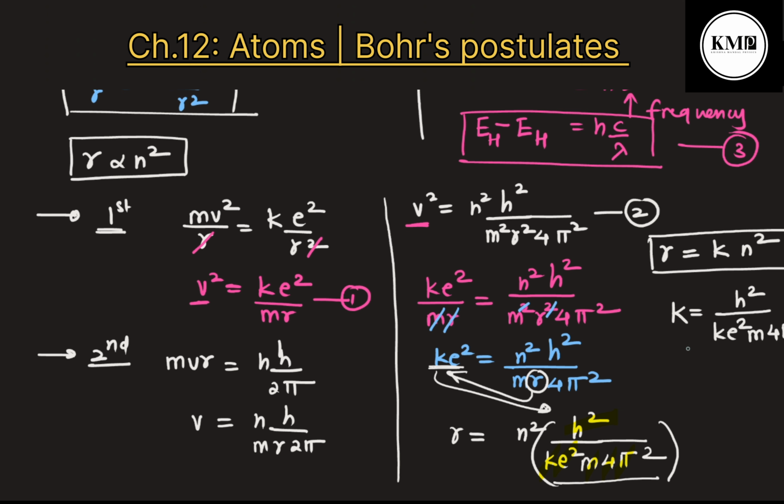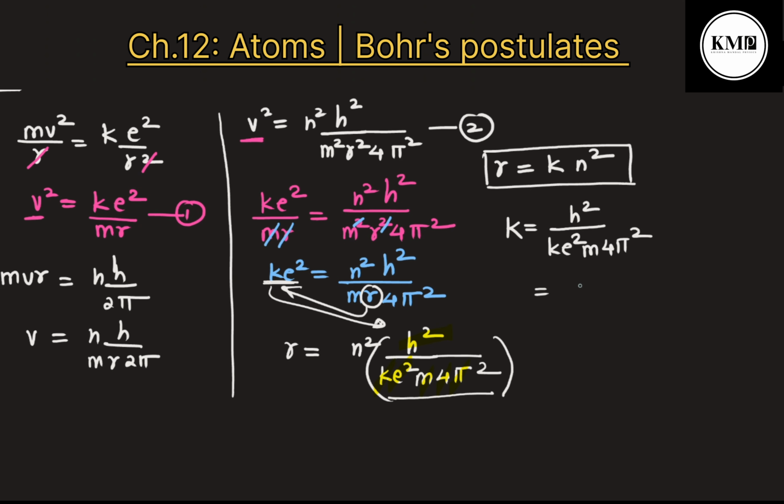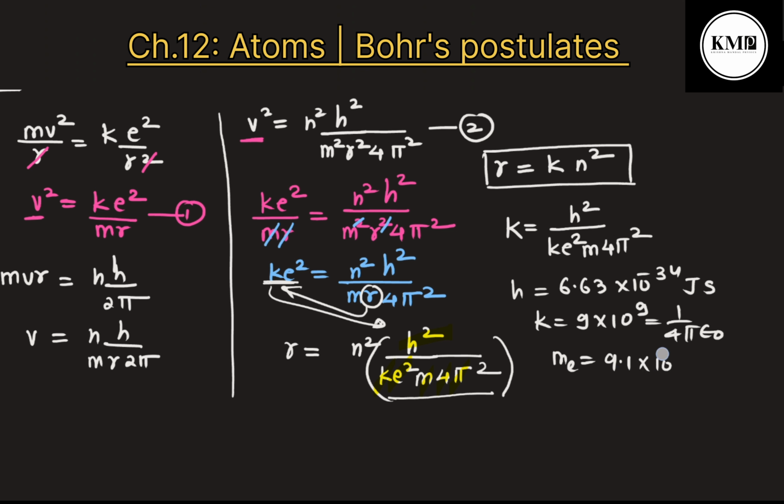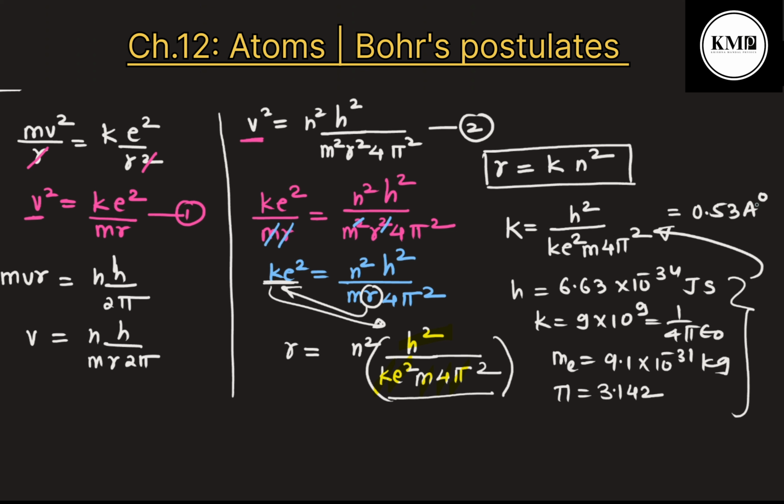If we put in all the values, h is 6.63 into 10^-34 joule second, k is 9 into 10^9, which is 1 upon 4 pi epsilon naught, m, the mass of the electron, is 9.1 into 10^-31 kg, and pi is 3.142. If we substitute all the values in this equation, the value of the constant will be 0.53 angstrom.